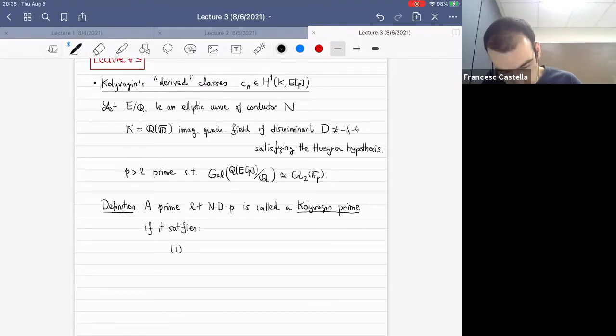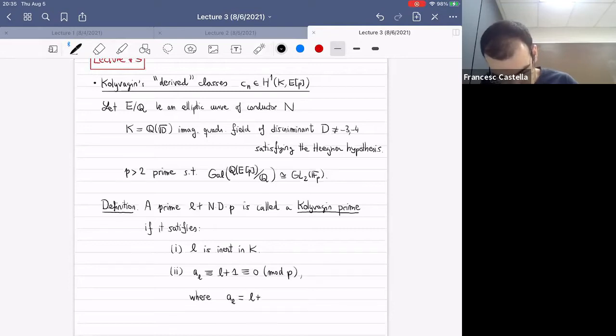Okay, so first we want this prime L to be inert in K. And secondly, we require it to satisfy the following congruences. Okay, it's actually two conditions that we're going to put here. Okay, so we want a_L to be congruent to L plus 1 and both congruent to 0 mod P. Okay, and where a_L is, as usual, L plus 1 minus the number of points on the elliptic curve in the field of L elements.